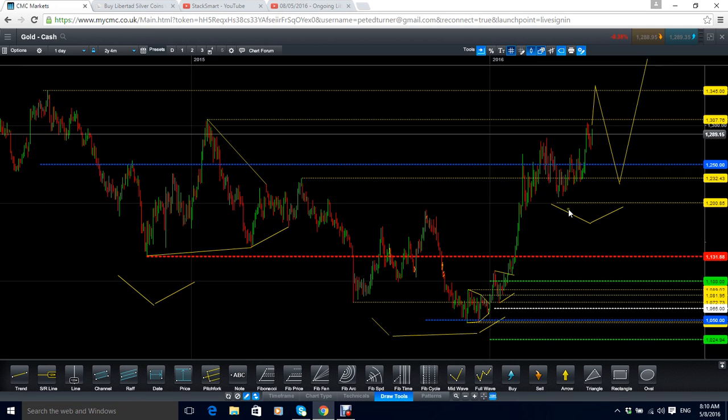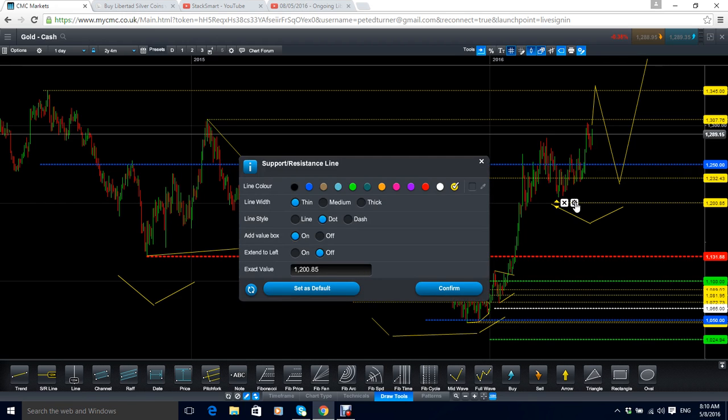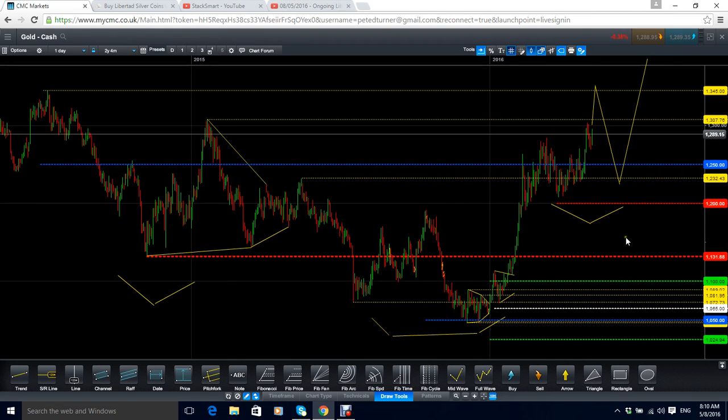This at 1200 is specifically important now as a support line in the metals. So let's do that as a medium line at 1200. Okay, I'll take this one out.